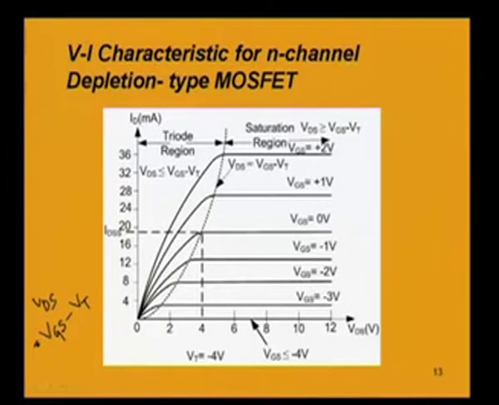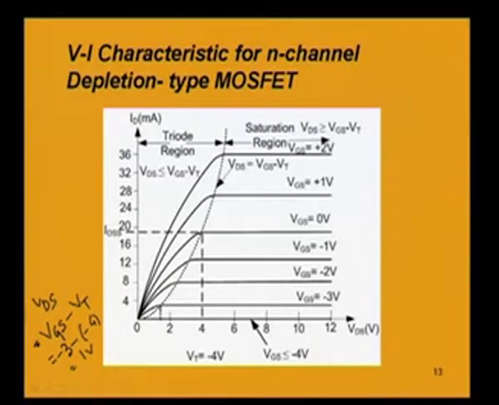So, if VGS is equal to minus 3 volt, we take minus 3 minus Vt, again minus 4. So, minus 3 plus 4 means 1 volt. That means the current between drain to source will become saturated. It will not increase beyond this value at around 1 volt.